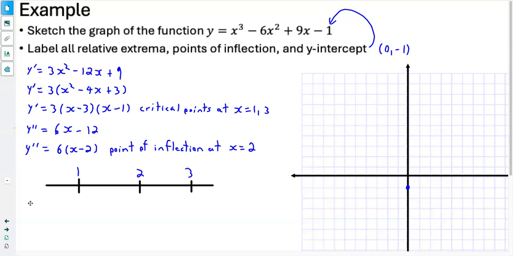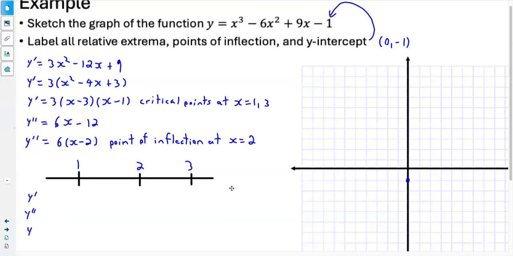What's different is we will add in some titles on the side. So we're going to have y prime, y double prime, and y. Now we'll fill in the information we already know. So we know y prime is 0 when x equals 1 and 3. We know y double prime is 0 when x equals 2.